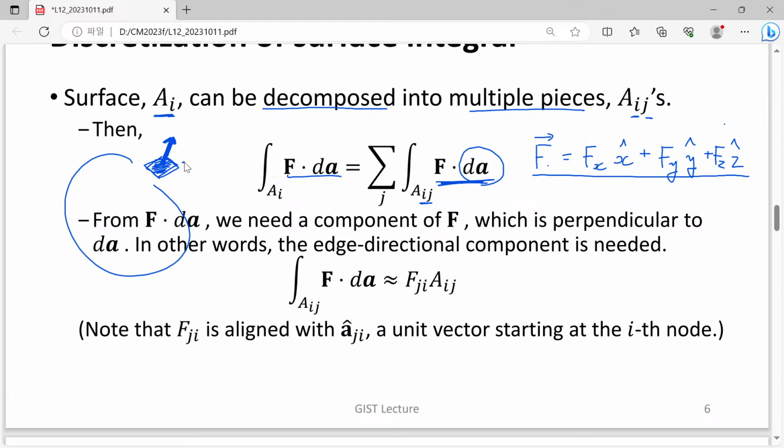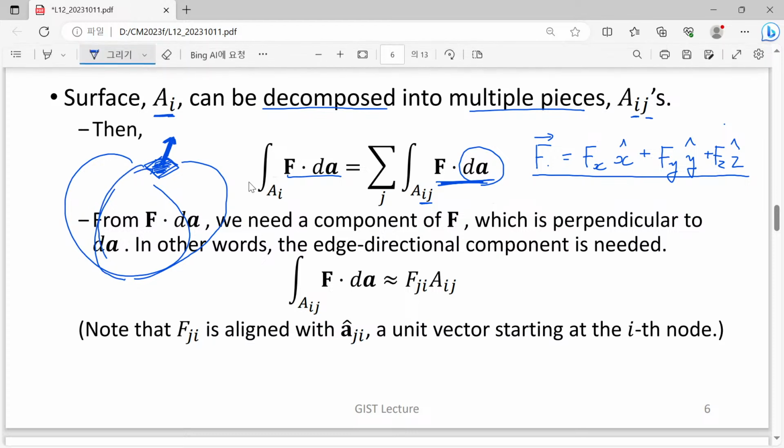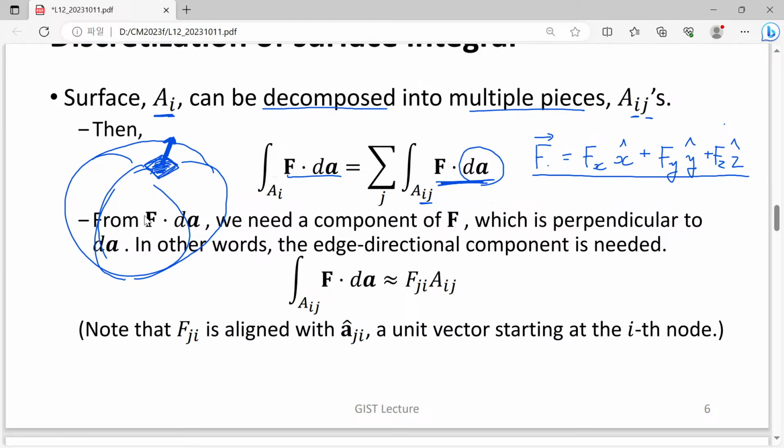Let's say this is our sphere, sorry about this ugly drawing, but please consider a sphere, and on the sphere we are now considering a small dA component. Let's say this is the origin of our sphere. Then this direction is always outgoing from this volume.